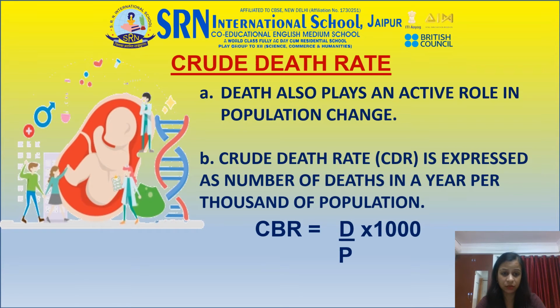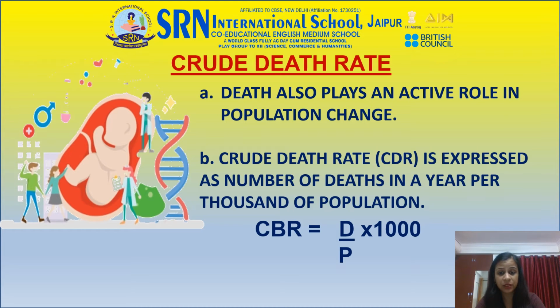The next factor is crude death rate or CDR. Like birth, death also plays an active role in population change. As birth was deciding the population change, death also plays an important role here. Crude death rate or CDR means the number of deaths in a year per thousand of population.